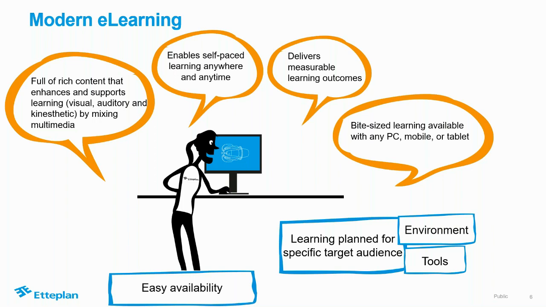Easily available learning consisting of rich content supports learning planned for a specific target audience who will be able to use the right tools in the right environment. One key point is that you get measurable learning outcomes to monitor how the student progresses and behaves.